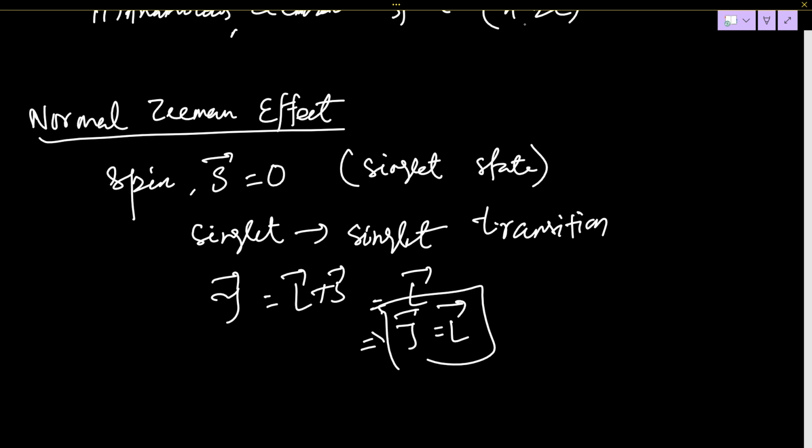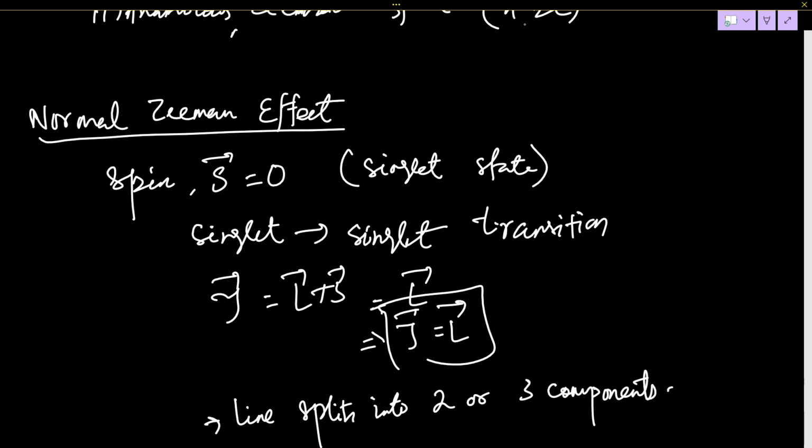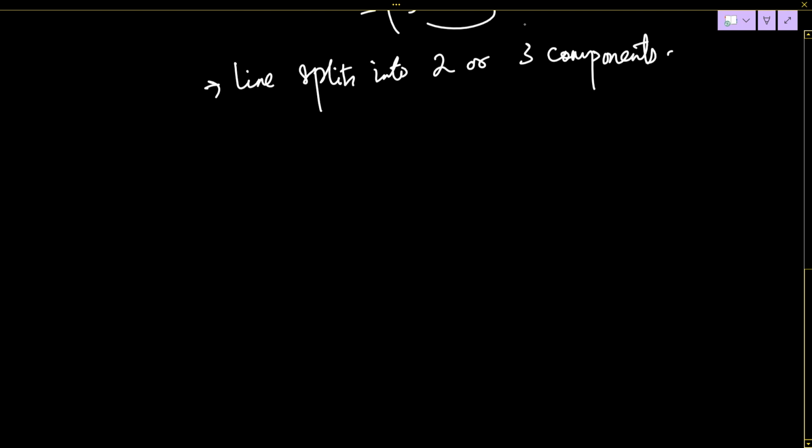Okay. Here the line splits into two or three components. And what is the selection rule for the normal Zeeman effect?